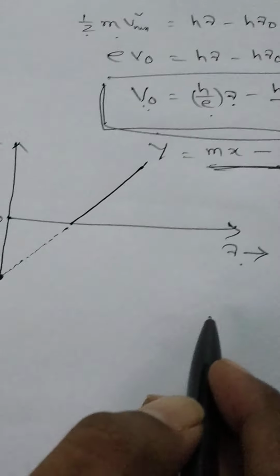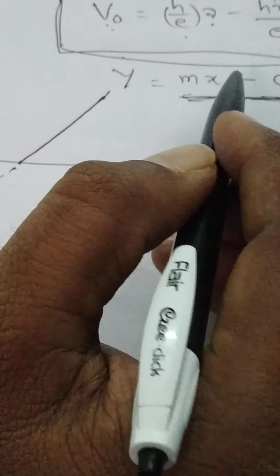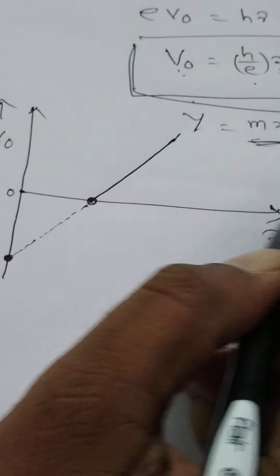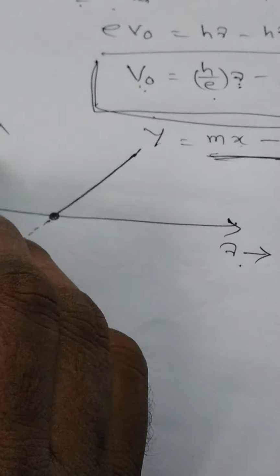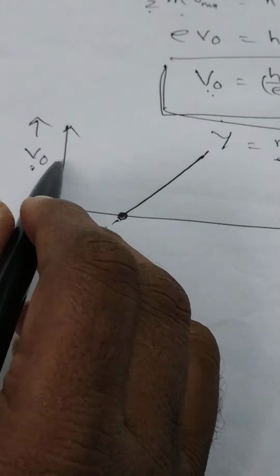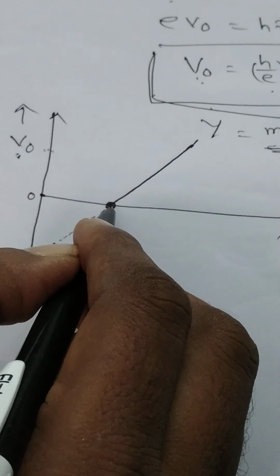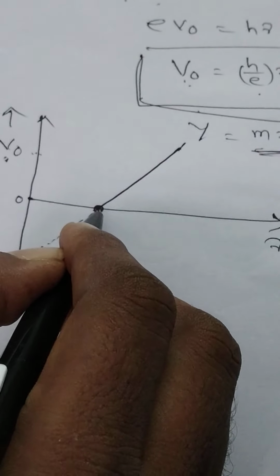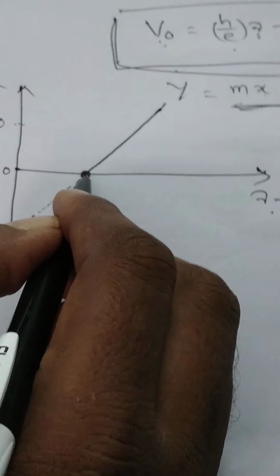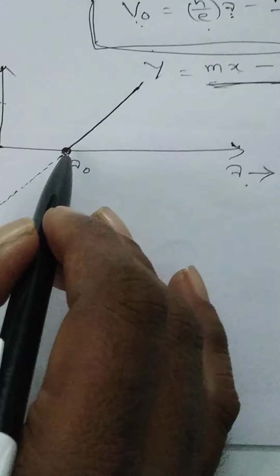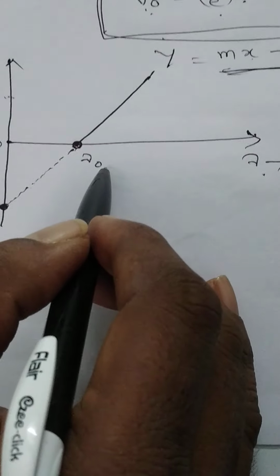At the intercept on the x-axis, V naught equals 0, which means the kinetic energy of the photoelectron becomes 0. The electron is just ejected from the photometal, and the corresponding frequency is represented by nu naught, the threshold frequency.